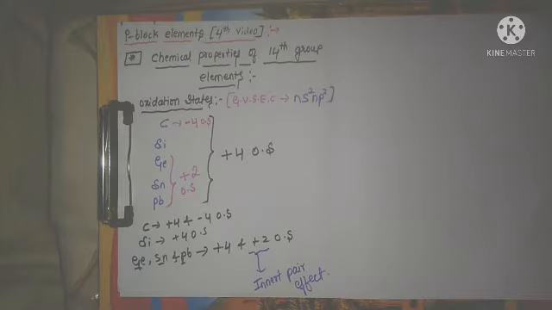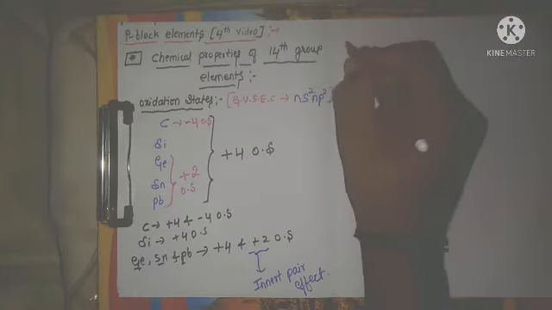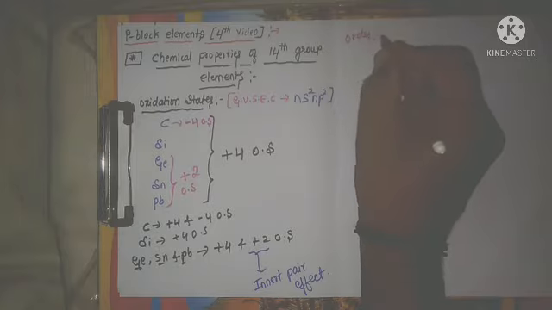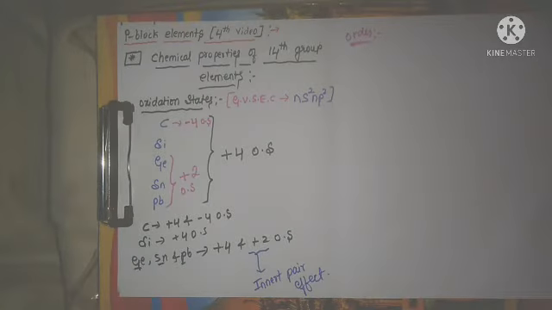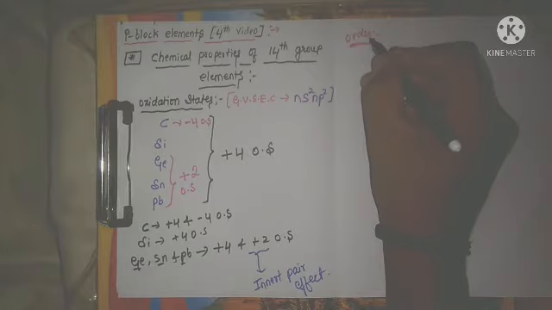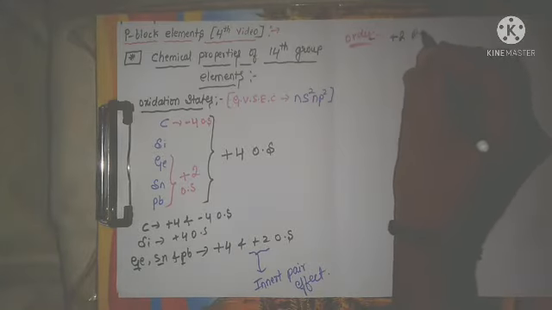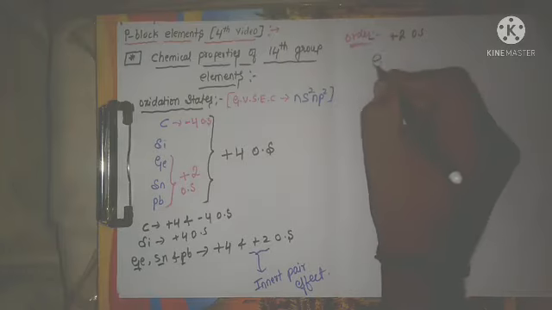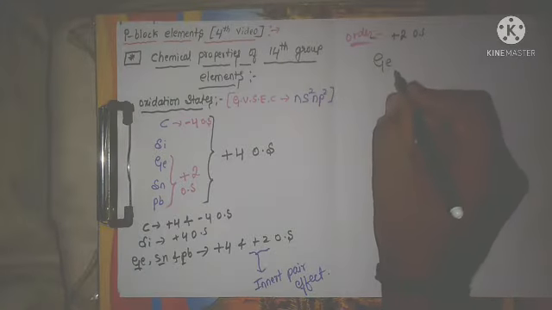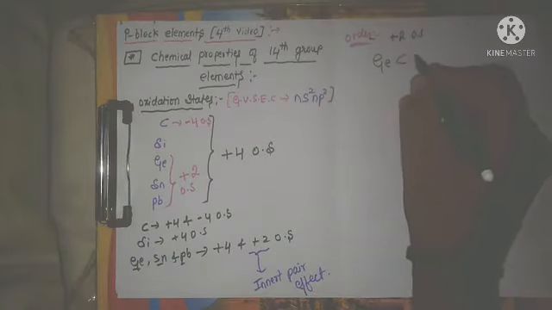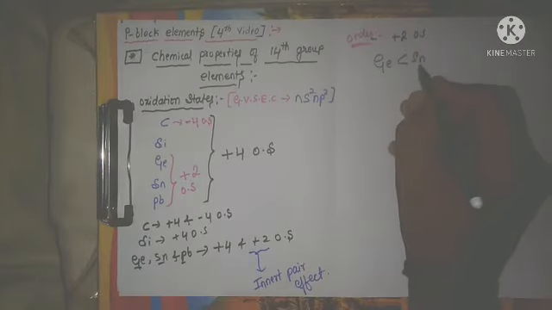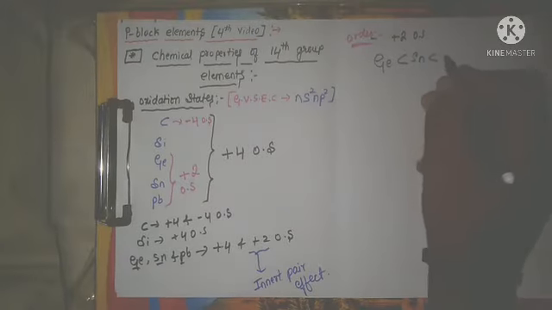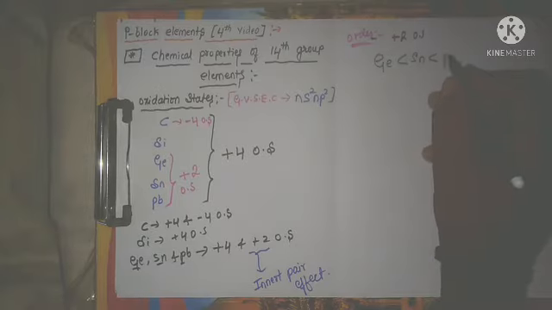And what is the order of stability for the +2 oxidation state? Germanium in the +2 oxidation state is less stable than tin in the +2 oxidation state, and both are less stable than lead.